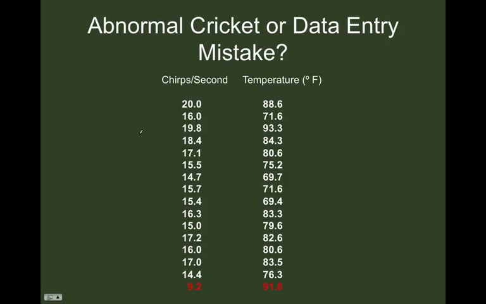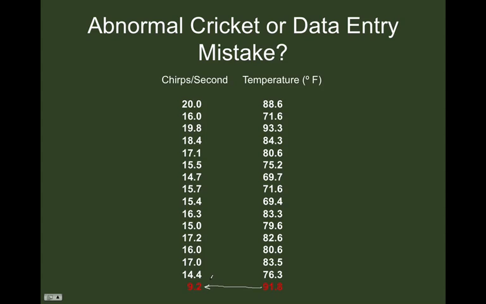Okay, now let's move on to this idea of an outlier or an influential point. What I've done is I've added a point to the data set in red here. We're seeing a 91.8 degree temperature and only 9.2 for a frequency of chirps.